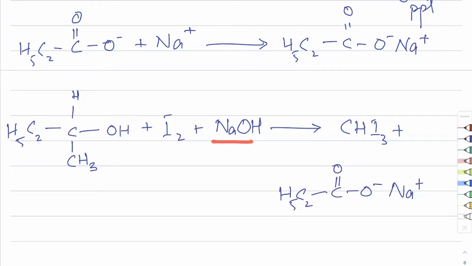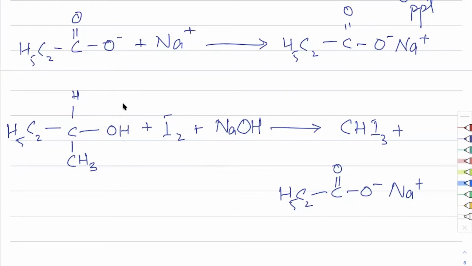This sodium oxide has come and reacted with this carbon, and this hydrogen has come and reacted with this. But rather than remembering it this way, it's better that you understand that iodine is going to help us form iodoform, and the hydroxide is going to help us first oxidize the carbon, the alcohol, and then form an ester from that.